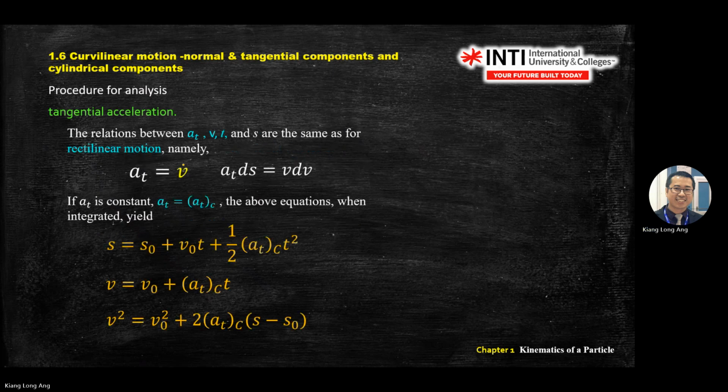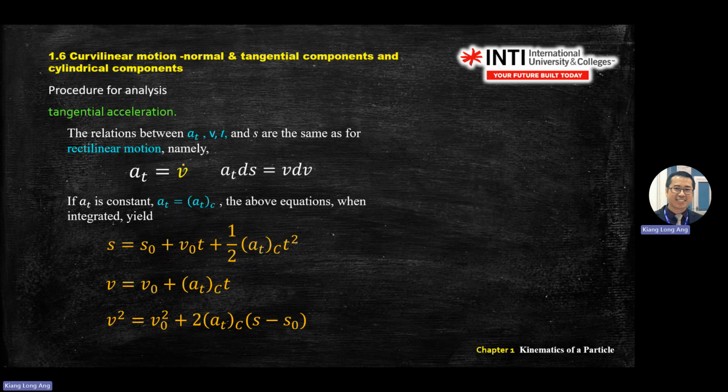I want to highlight something: when you have a constant acceleration, you straight away use the 3 Newton equations. And the A here is the AT direction, which means just now there was a roller coaster diagram and there's a straight line.